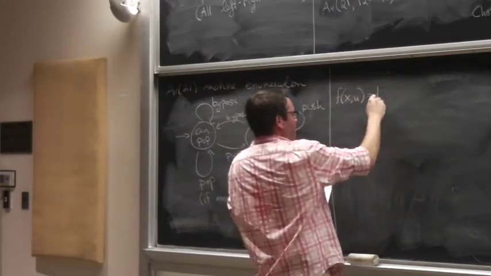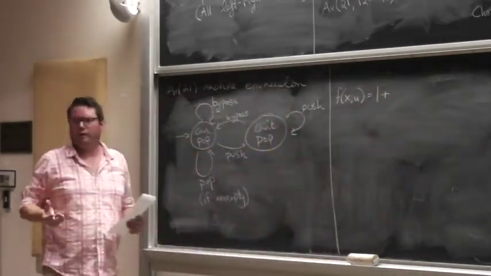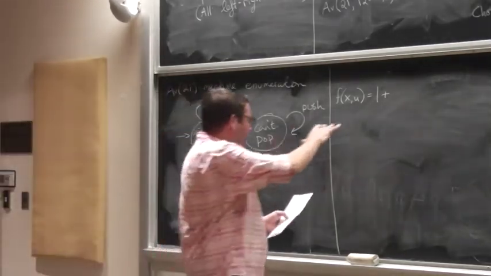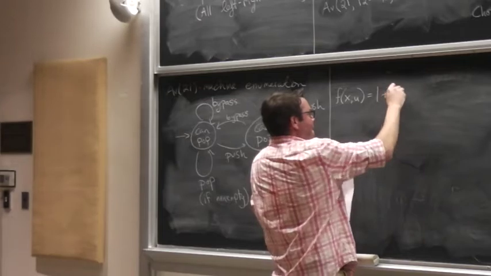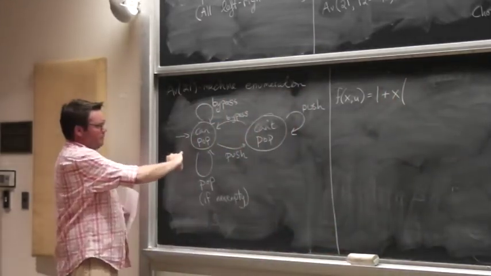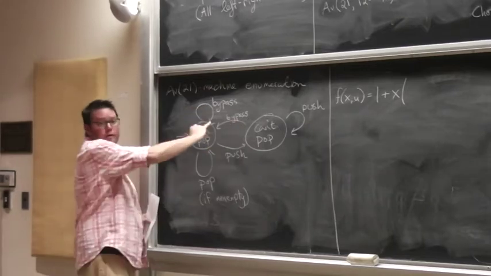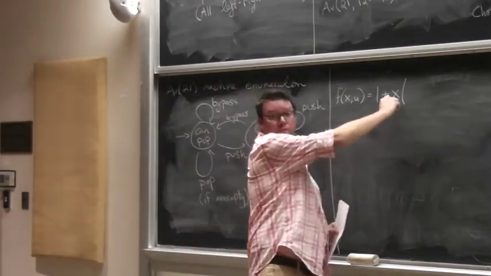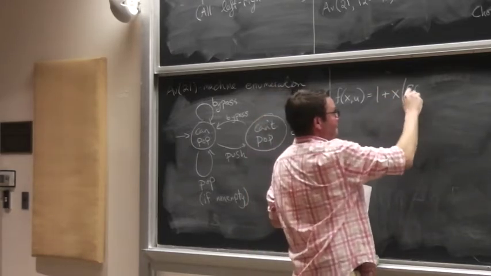Okay. We start in can pop, so that's a 1. Nothing is in the container or in the output. Or we go to can pop by doing a bypass from either can pop or can't pop. Bypass just takes something from the input and moves it to the output.